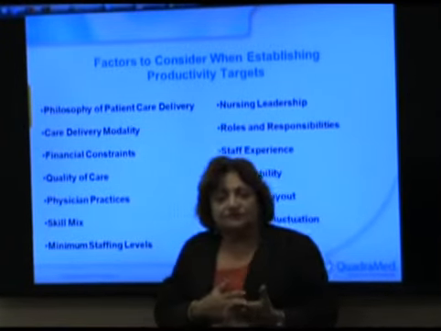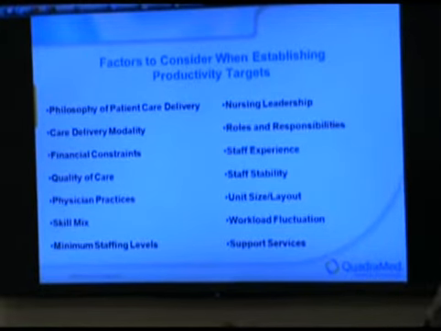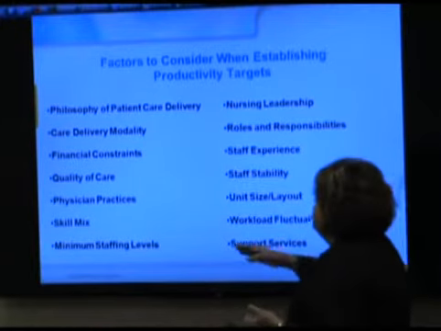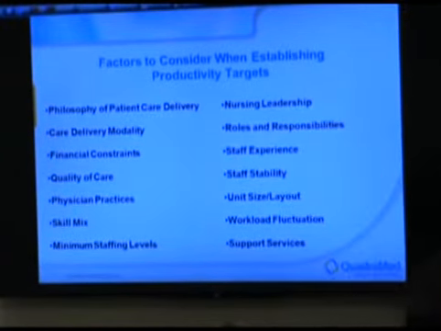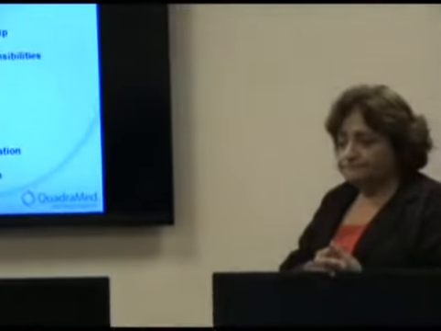What are the outcomes you're looking for? Physician practices. We all know that physicians can impact the practice in any facility. And skill mix. What is your mix of RN versus non-RN? Minimum staffing levels. And this is important because minimums mean what you need to staff your unit if you only had one patient.